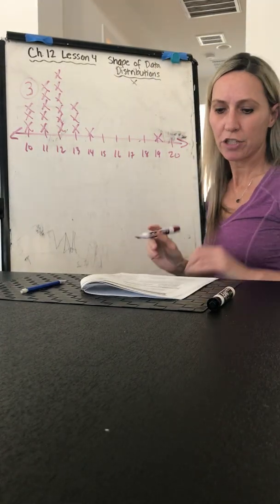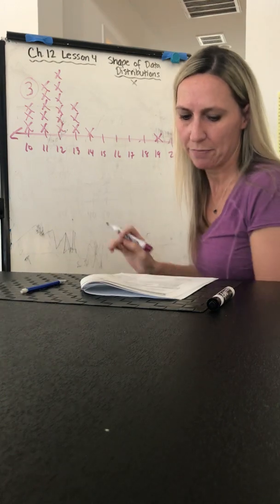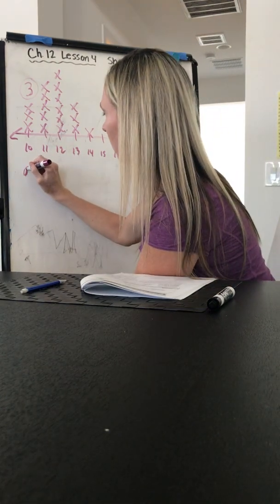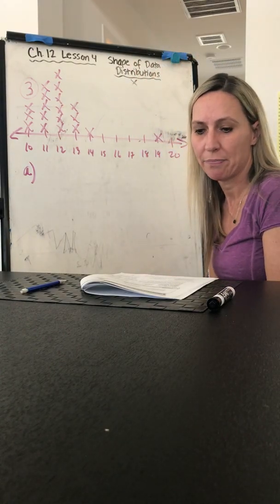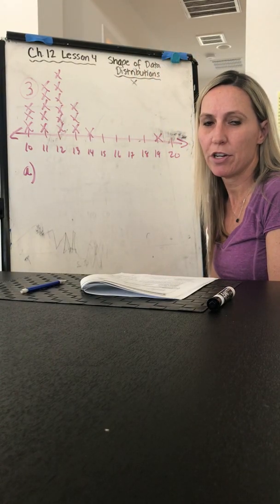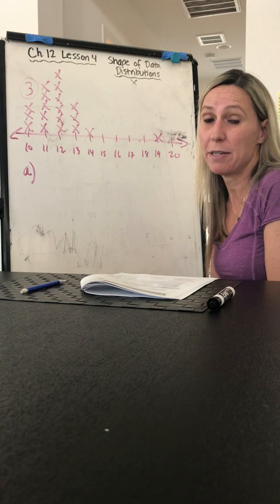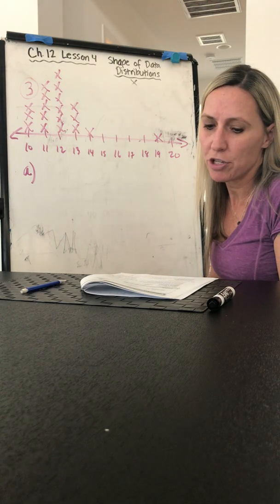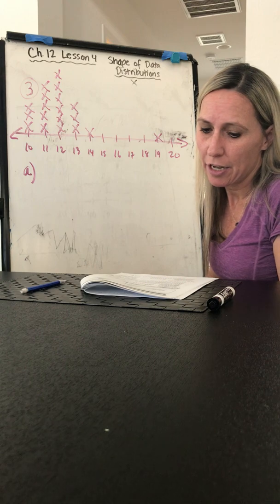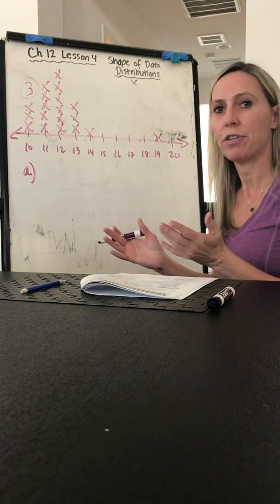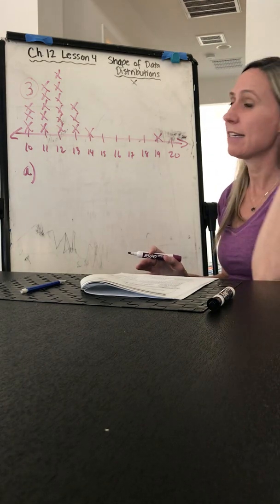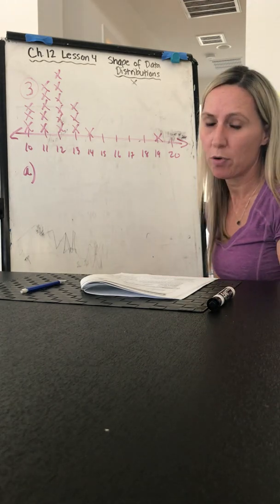So we're going to describe this data. In this case, we are going to choose between the mean and the median. Sometimes what it's asking you is whether it's best to use the mean or median. You want to use the mean when the data is symmetrical, and you want to use the median when it's not symmetrical, or when there are outliers.